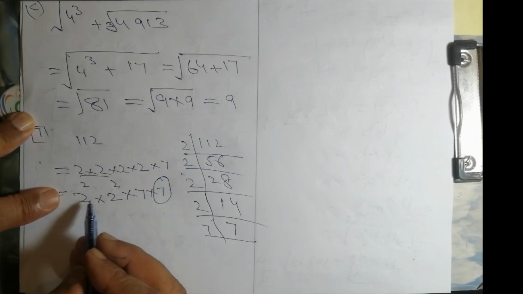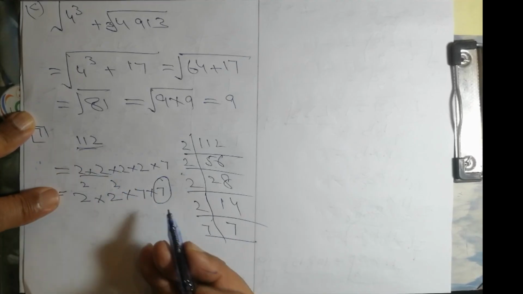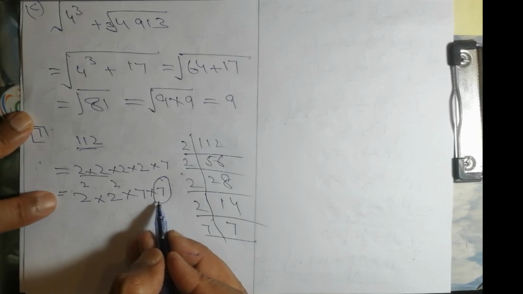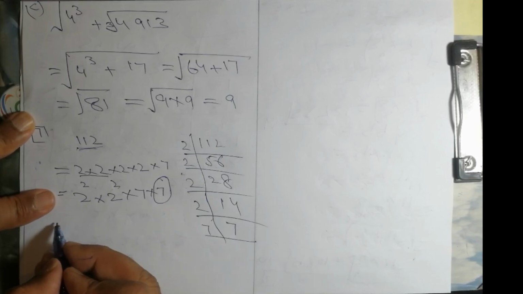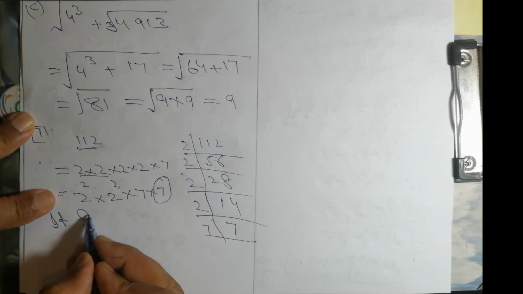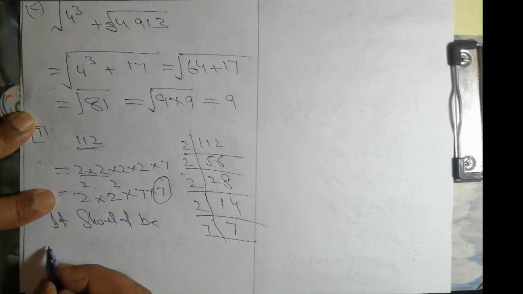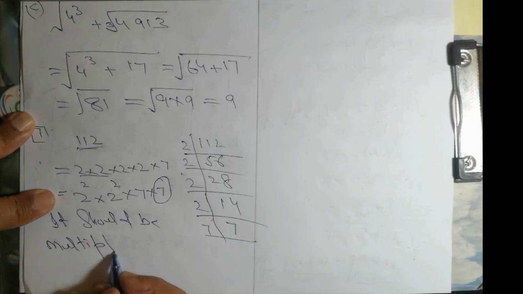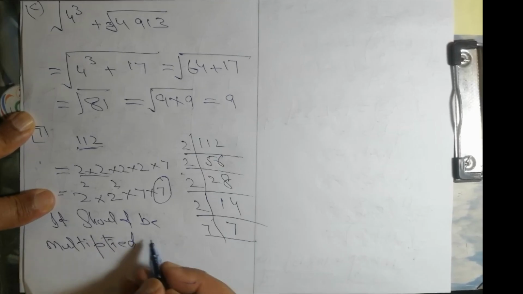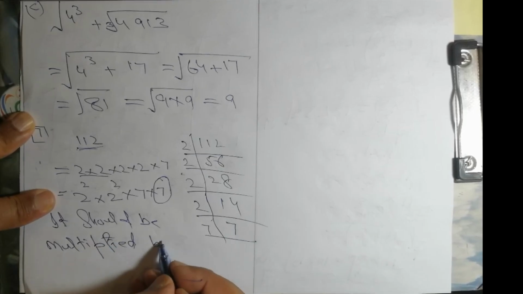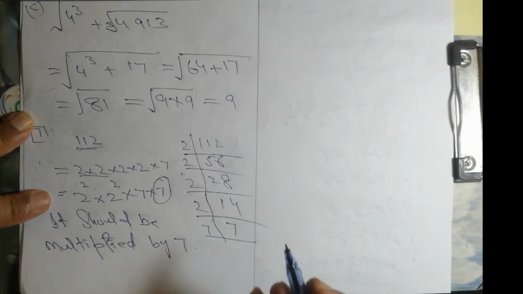So for this number to be a perfect square, we should multiply it by 7. So this is the answer.